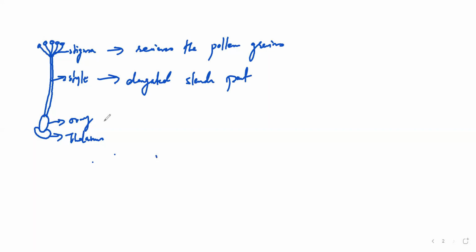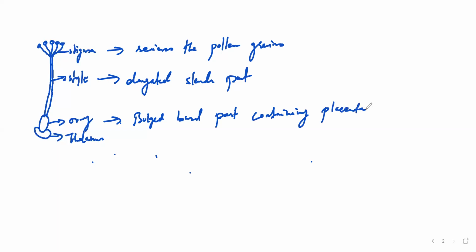Then the last one is the ovary. At the bottom or at the base part, you will see this bulged part. It's the bulged basal part, which is going to contain an important thing called the placenta.